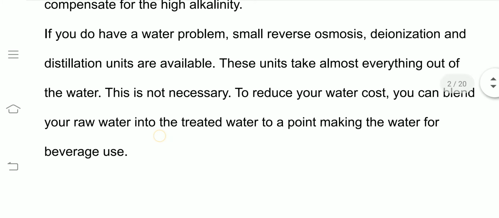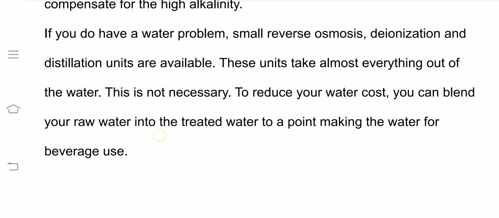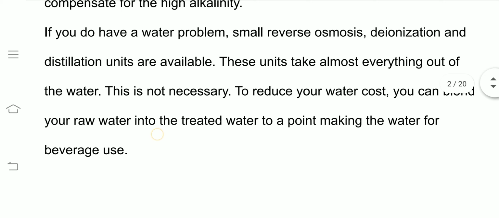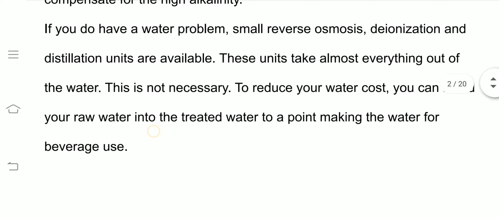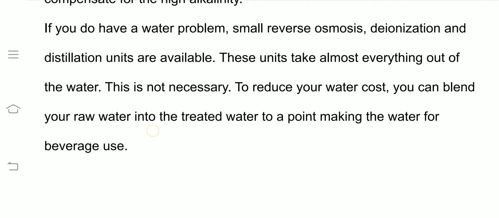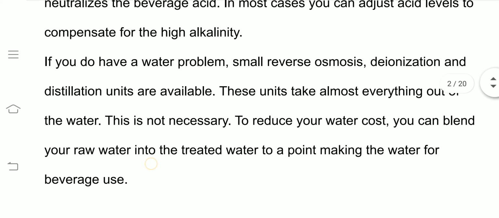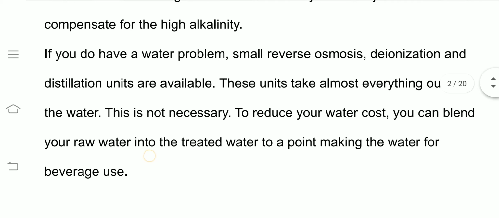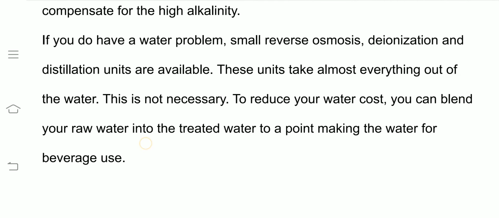Reverse osmosis uses energy and pressure to remove the contaminants through a semi-permeable membrane, but in osmosis the liquid tries to balance the concentration on both sides of the membrane. So reverse osmosis is one method to remove the alkalinity as well as the mineral impurities from water.